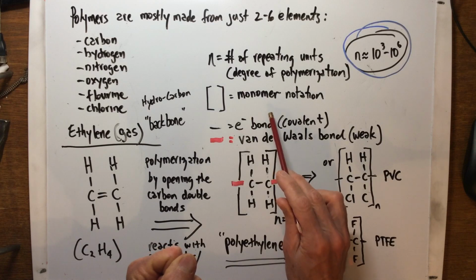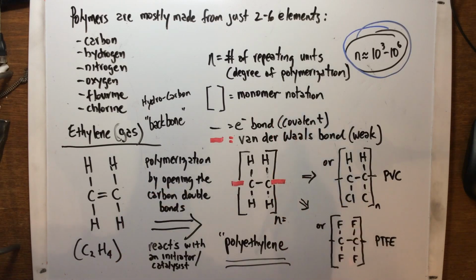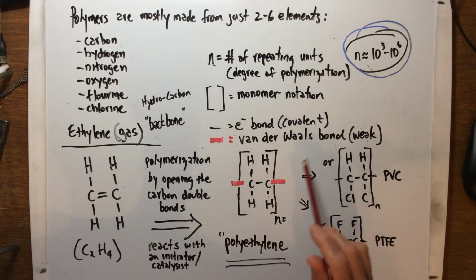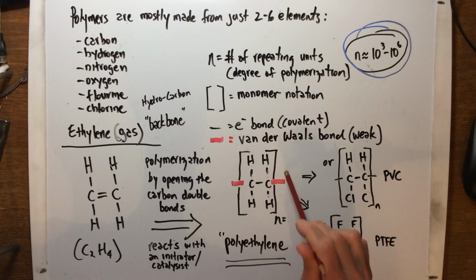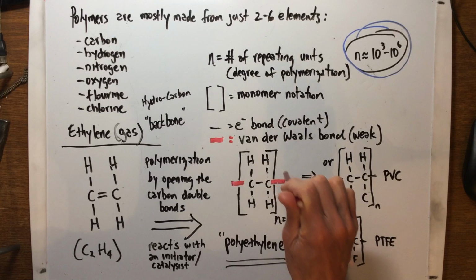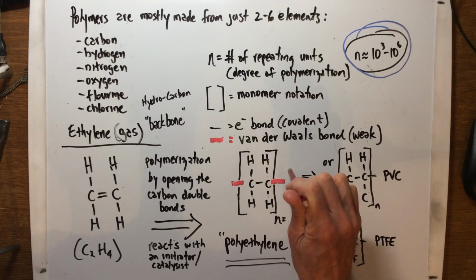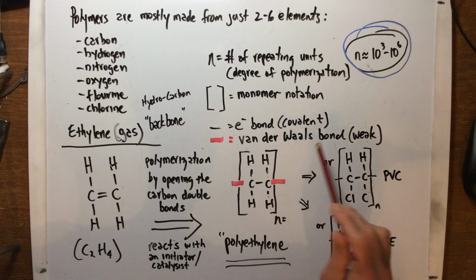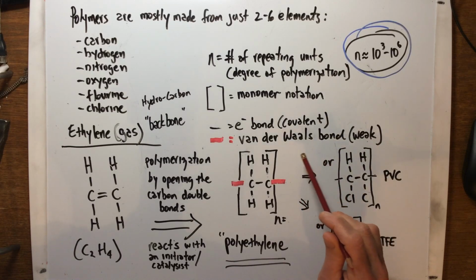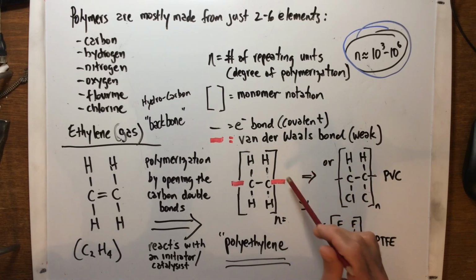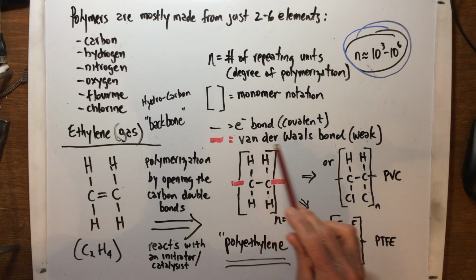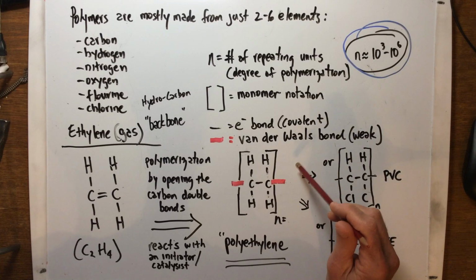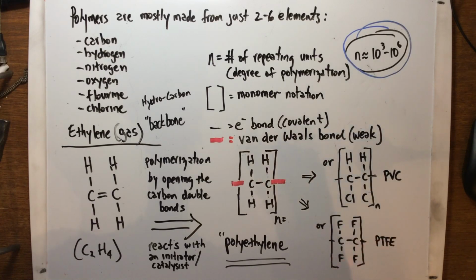It's not a really strong bond like the covalent bond or the ionic bond. That is why, structurally speaking, plastics are not nearly close to the strength of metallic materials. The bond strength is just not there in the van der Waals bond as opposed to ionic, covalent, or of course even better, a metallic bond.